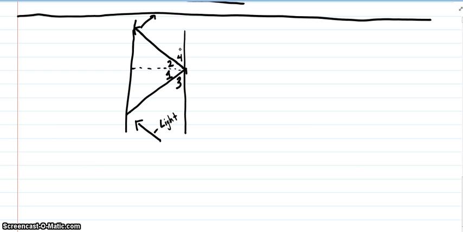And then in the problem, they're going to give you some other information. They're going to tell you that these two angles are congruent. Note the arc marks. Those mean that they're congruent. They're also going to tell you that this is 90 degrees.